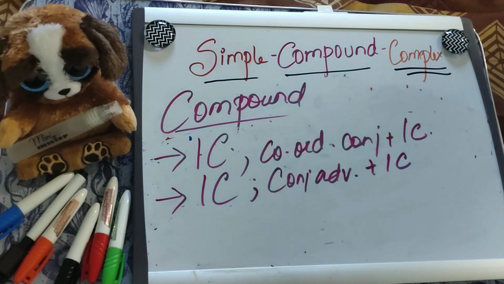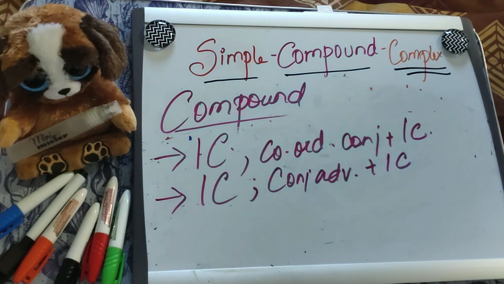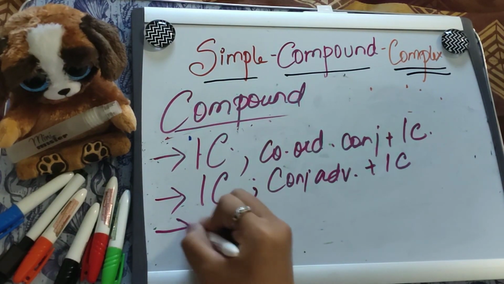For the second example that we had, Mike likes swimming; however, Holly likes singing. "However" was the conjunctive adverb, and two independent clauses were standing all by themselves, and there was a semicolon before the conjunctive adverb.